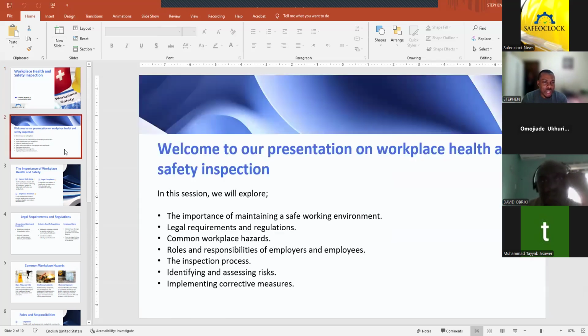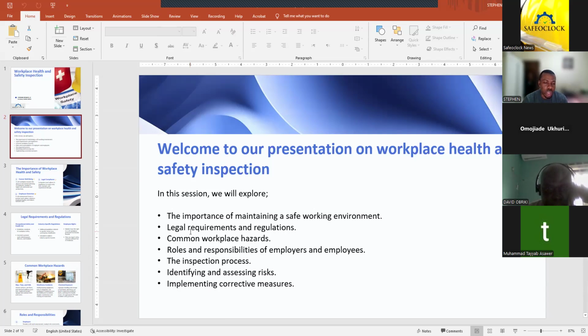In view of that, I would like to welcome us all to this presentation. In this session, we will briefly look at the importance of maintaining a safe work environment. We'll also look at the legal requirements or regulation, and have a flip of some common workplace hazards that we are all familiar with.